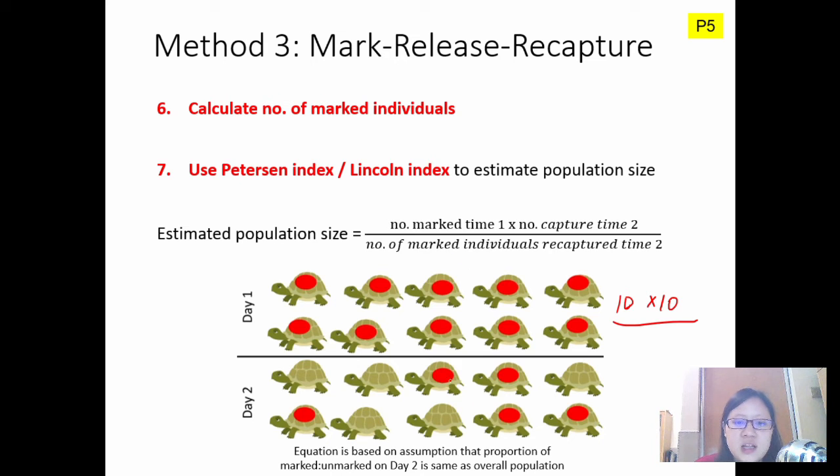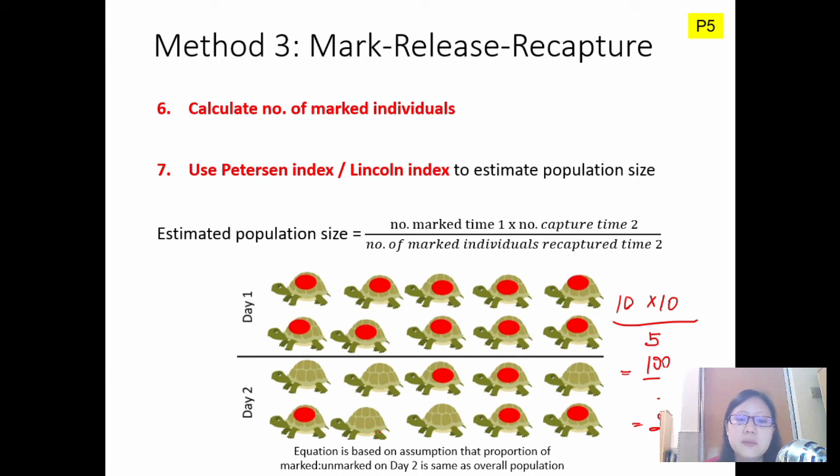And you can see the number of marked individuals recaptured time 2 is 1, 2, 3, 4, 5. So that's divided by 5. So if you divide that properly, it's 100 divided by 5, which is 20. So the estimated population size of tortoises in that particular area would be 20.